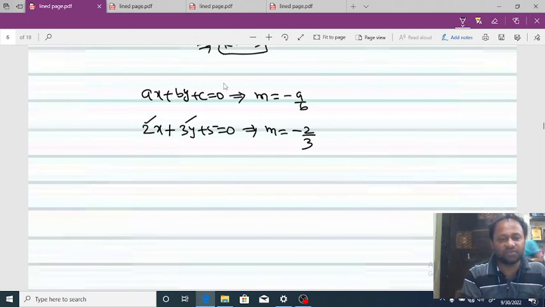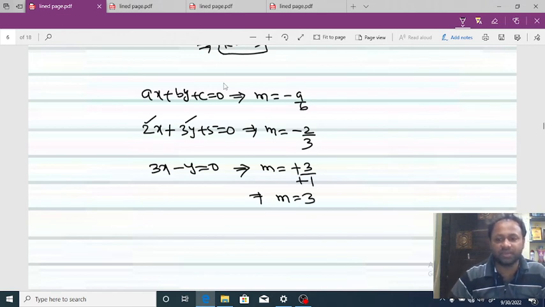For example, if you take 3x minus y is equal to 0, from this also you can say directly m is equal to minus 3 by minus 1. So that implies m is equal to 3, because minus minus cancel. So this is the way to find the solutions whenever the line is given.